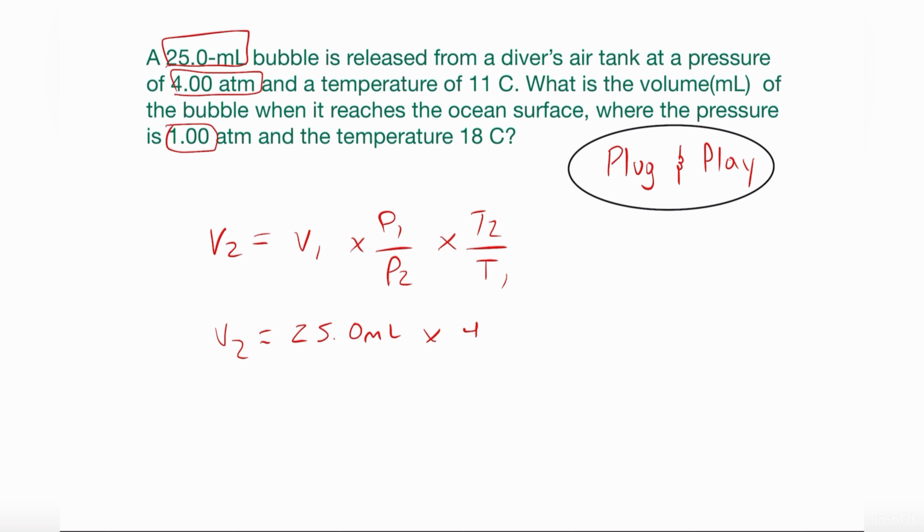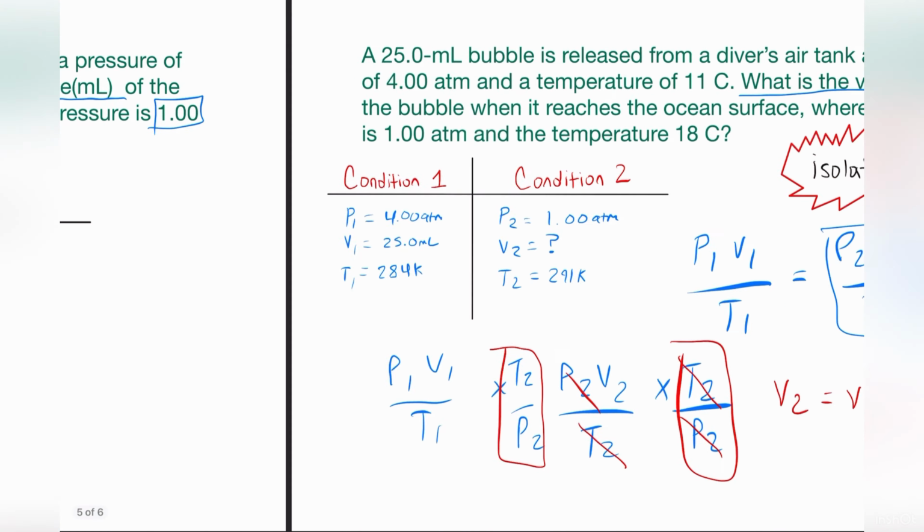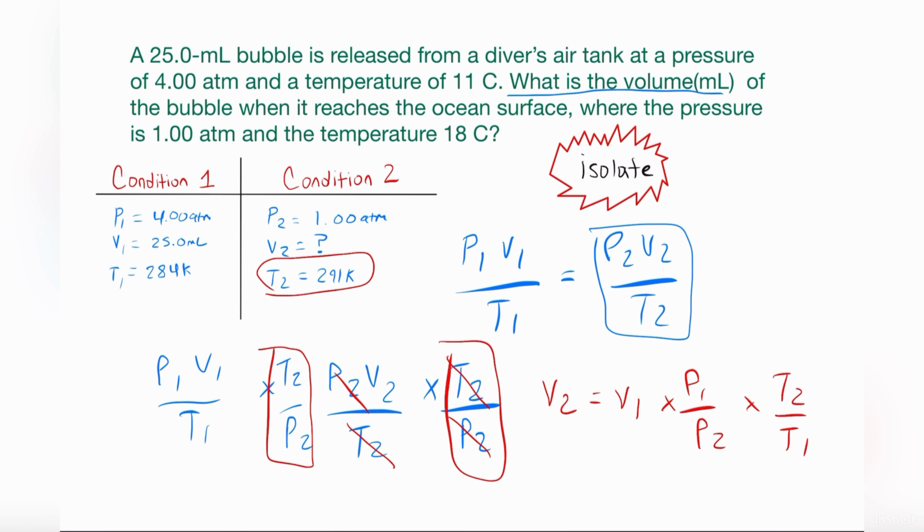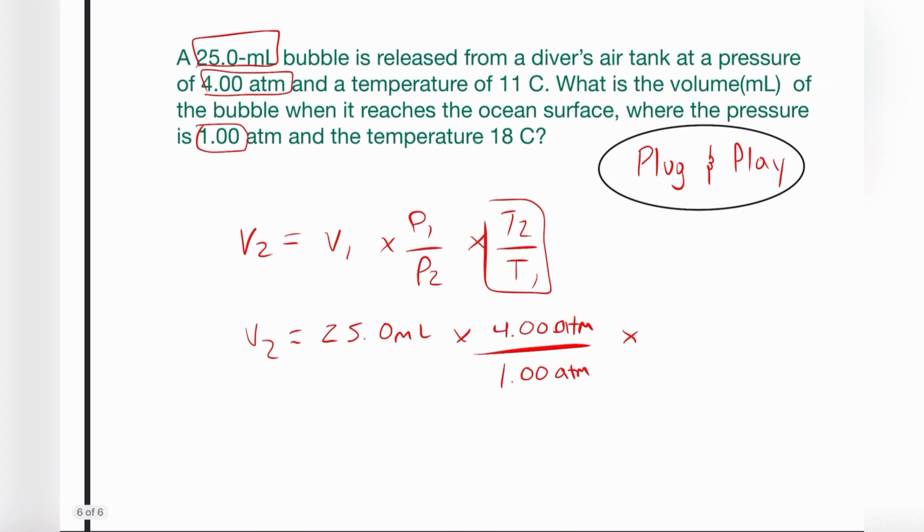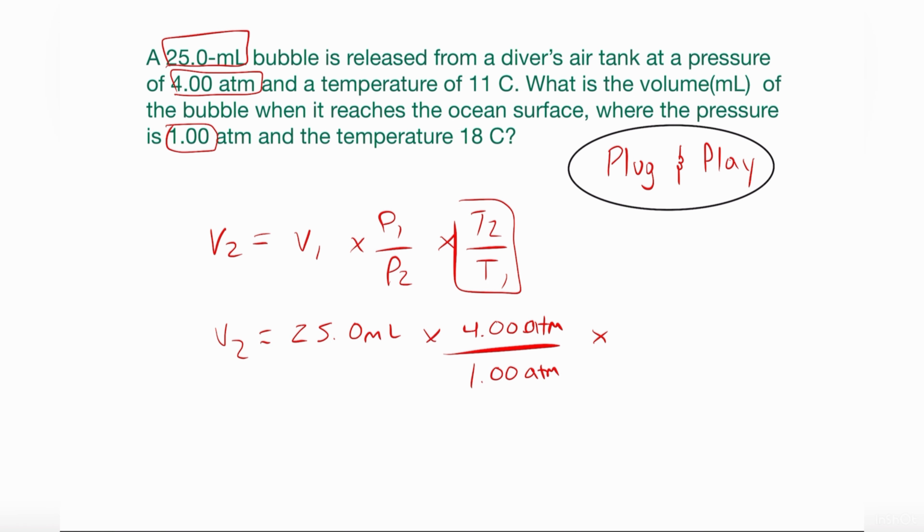So this will be 4 atm over 1 atm times T2 over T1. And we know that the second temperature that we got is 291 and the first temperature is 284. So we can do 291 K over 284 Kelvin.